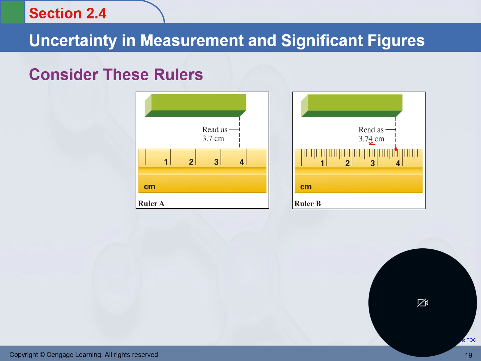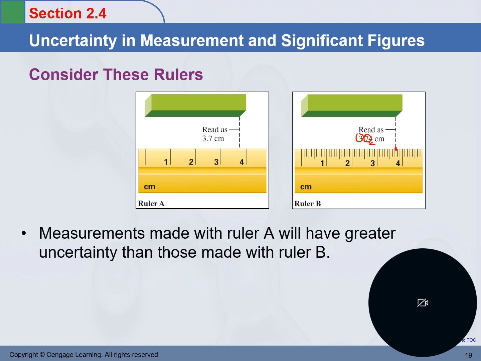We know that the 3 and the 7 are certain, but our estimated digit is the 4 at the end there. So measurements made with ruler A will have a greater uncertainty than those made with ruler B. Ruler B is therefore more precise than ruler A.